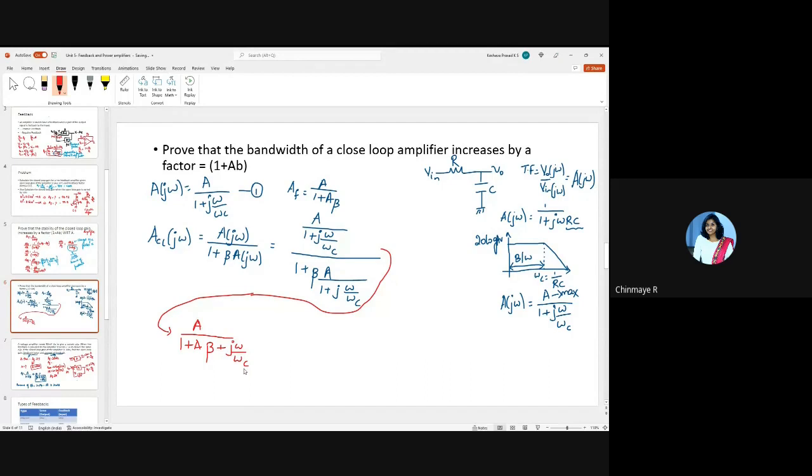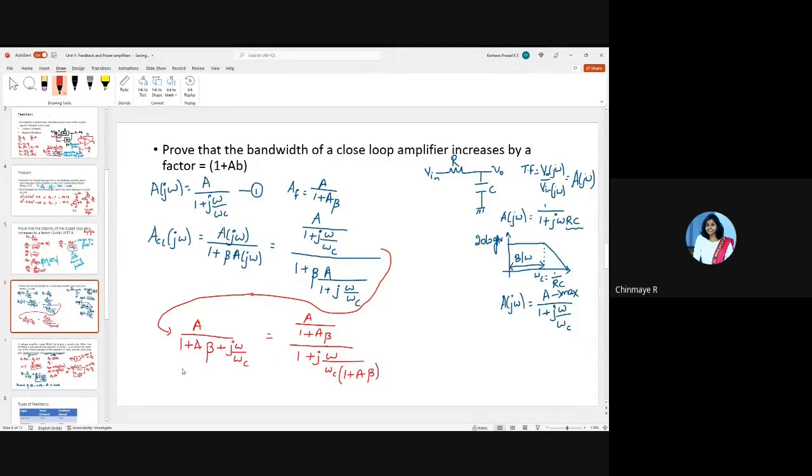So taking LCM and cancelling the denominators, this equation can be rewritten like this. Now divide both numerator and denominator by 1 plus A beta. Then this will be A divided by 1 plus A beta, divided by 1 plus j omega by omega c into 1 plus A beta.